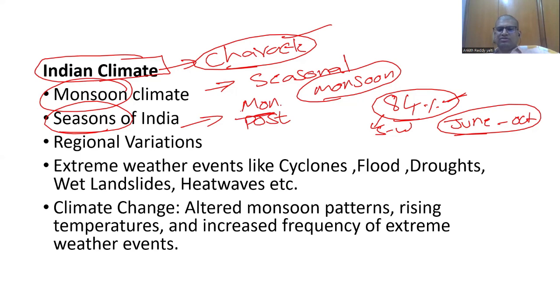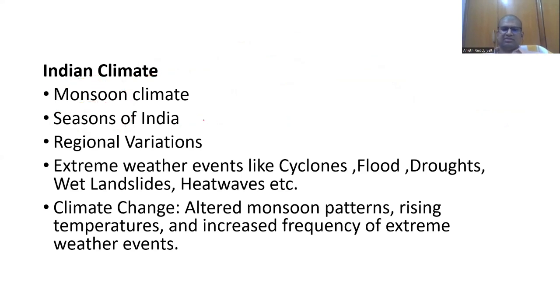So June to October, you have southwest monsoon period, then you have northeast monsoon period, summer, and for a brief period you have winter. So you have four seasons. So seasons of India, and you should also focus on the characteristic of each season. What is the wind direction, rainfall, okay, and characteristic of that season.